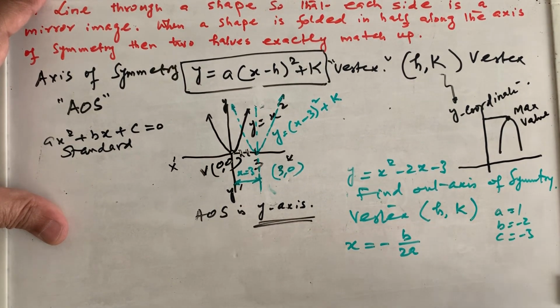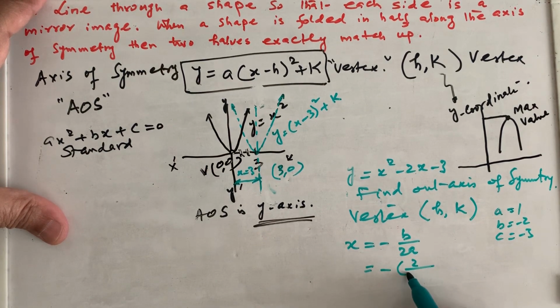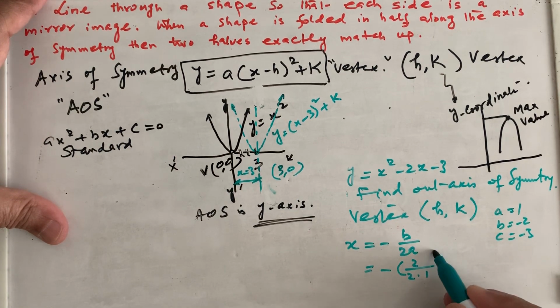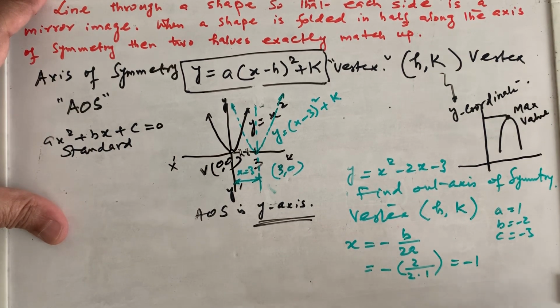Minus b is 2, divided by 2a, which is 2, so you get 1. Since b was minus, minus minus makes plus.